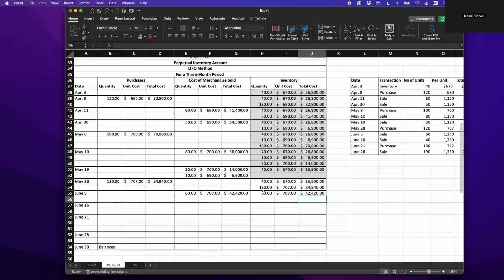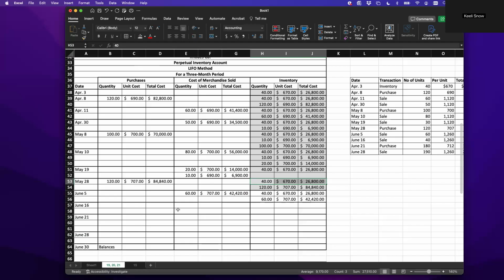Again, 42,420. That goes down here, 60, 707, 42,420. So we've taken care of all 120 of these. They've either been sold or they're in the inventory. We still have 40 that cost $670 for 26,800.